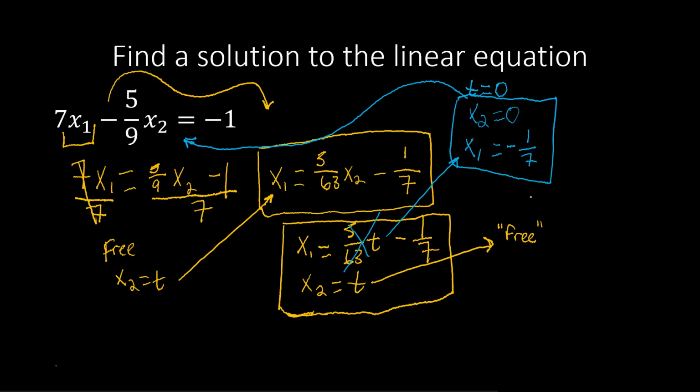So we get 7 times x1 minus 5 over 9 x2 equals negative 1. So we take the 7, and for x1 we put in negative 1 over 7, and then we subtract off 5 over 9 times x2, which is 0, so that cancels itself out, equal to negative 1.